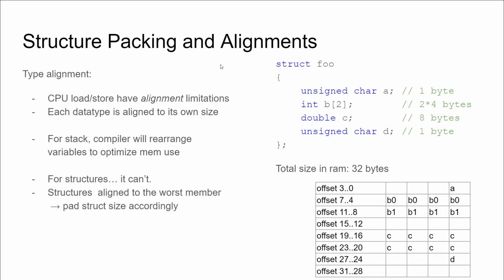The problem is that CPU load store operations have alignment limitations. They can only read an integer at a 4-byte boundary. So if you want to load an integer, that integer must be stored at an address divisible by 4. If you want to load an 8-byte double, you need to load that at an address divisible by 8.